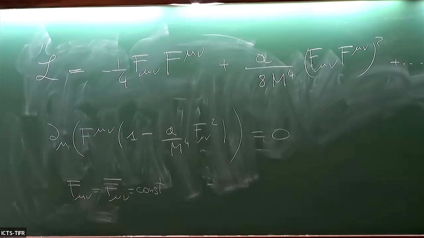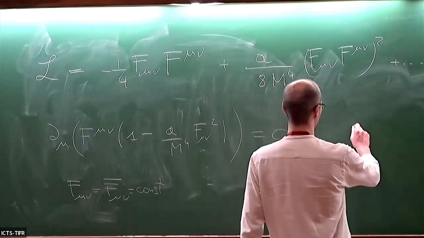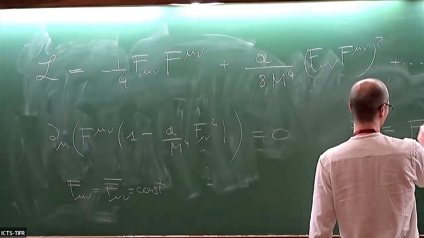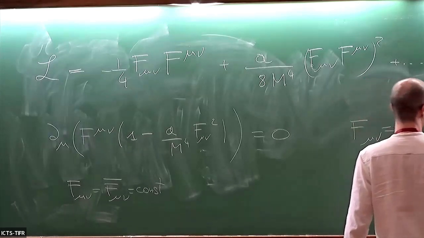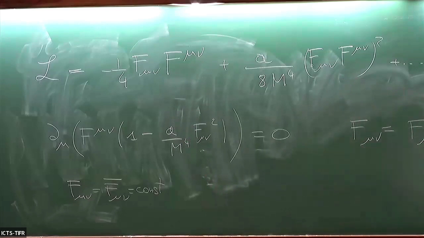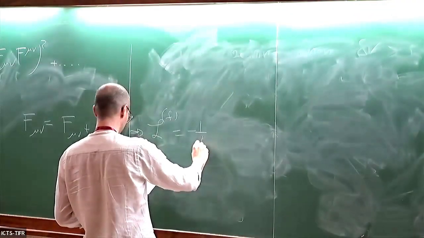Those are two examples. And expand around that. So you get the background solution, then the fluctuations. You plug in here, and you get the Lagrangian for the fluctuations. It looks like this.